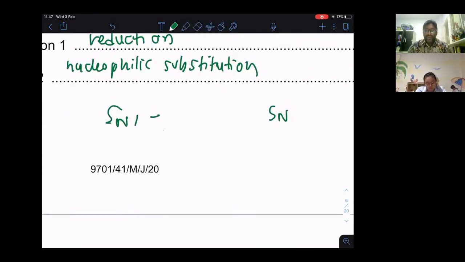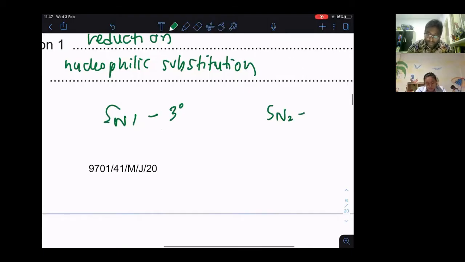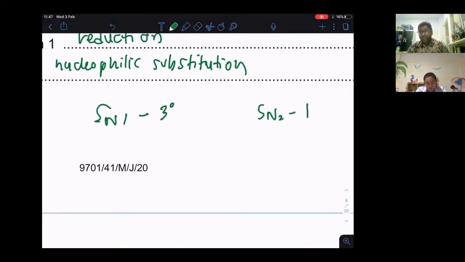SN1 works for what kind of halogenoalkane? Remember, tertiary halogenoalkane, and the opposite: if it is SN2, it is going to be primary halogenoalkane. So SN1 is tertiary, SN2 is primary halogenoalkane.